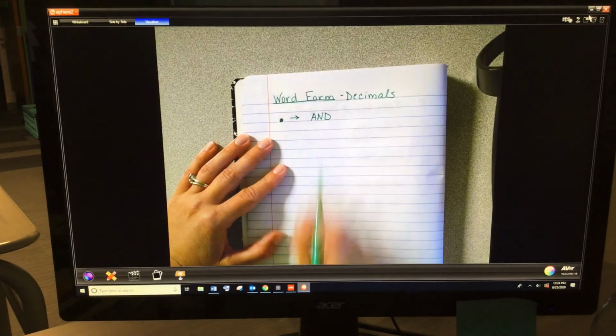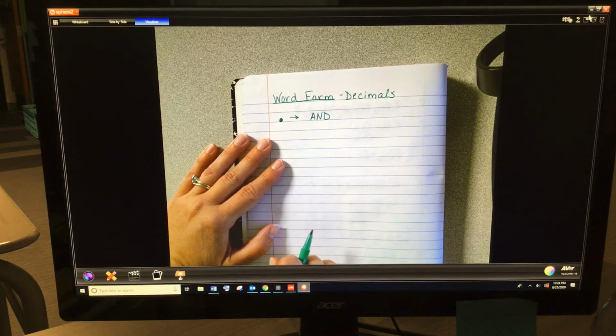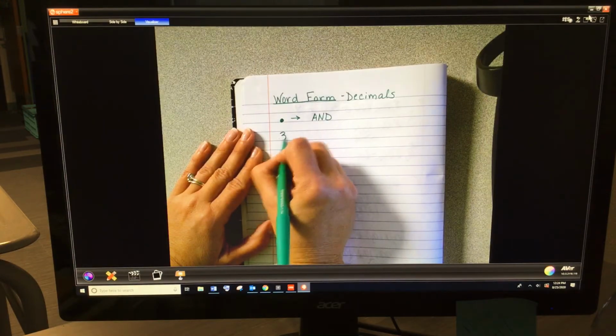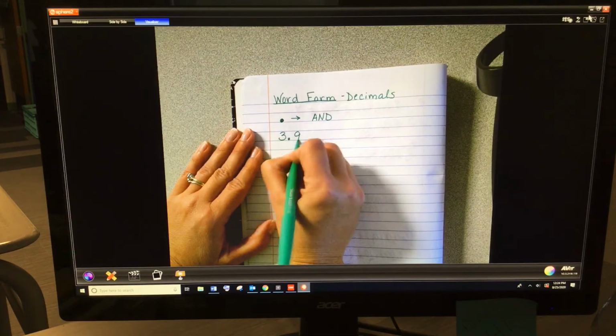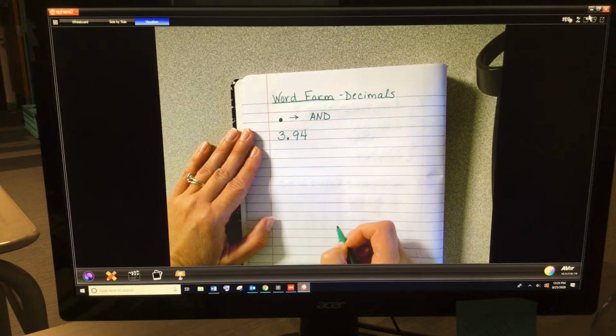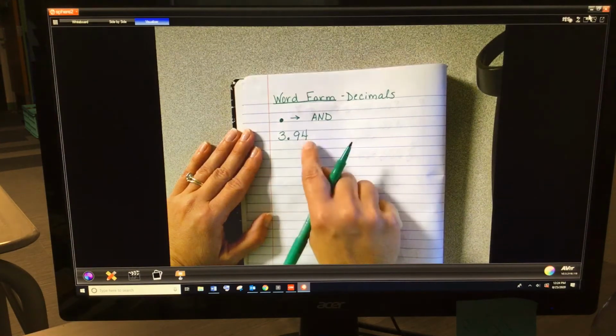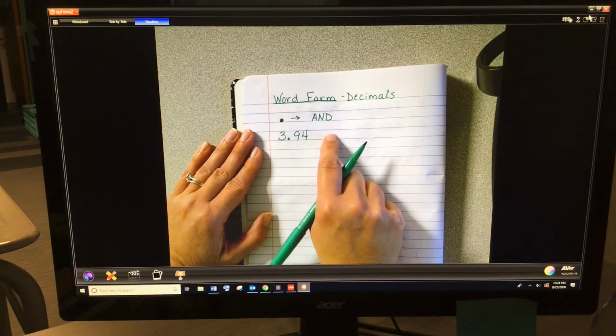Our decimal point, when we read a decimal, is "and." When we see this decimal, 3.94, we need to read it correctly and say 3 and 94 hundredths. So we're going to work on taking a decimal and writing it in words.